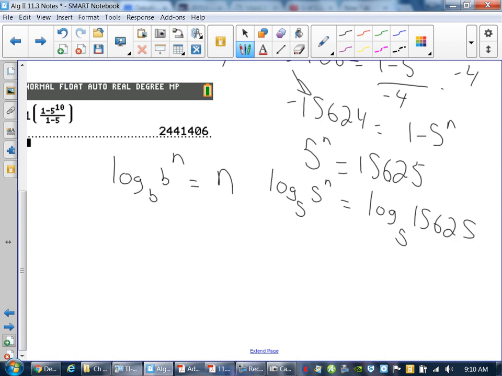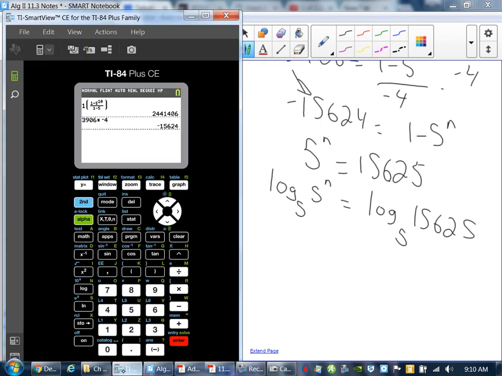How many of those do you have? 5 to what power is 15,625? Remember what button that was? Was it like alpha window 5 or something? There are 6 of them.